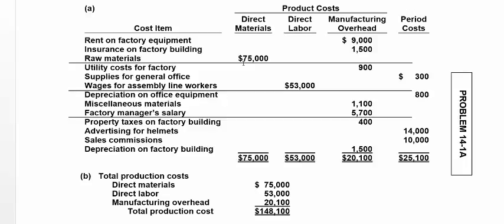So direct materials plus direct labor plus manufacturing overhead equals our manufacturing or production cost. And if we add those three up, we get $148,100 total. And again, we want to calculate a cost per helmet.